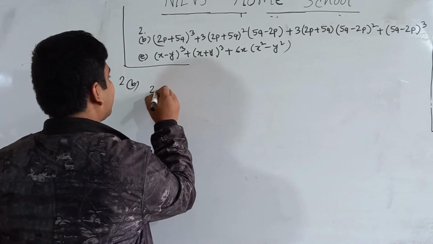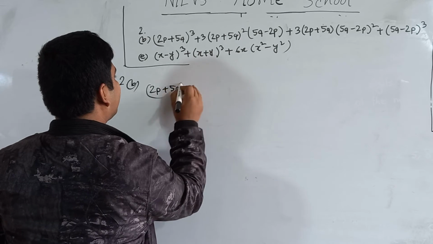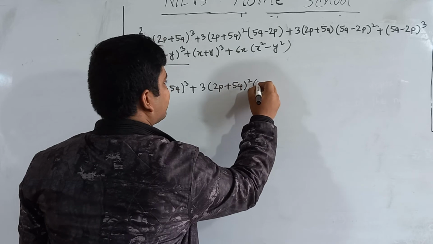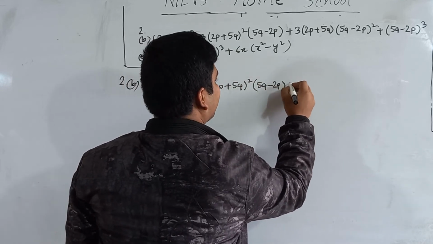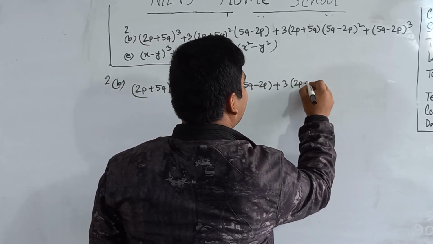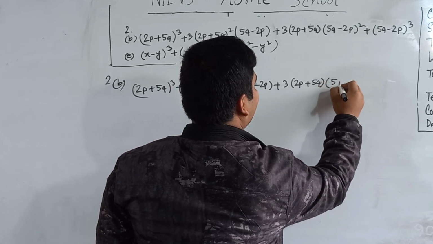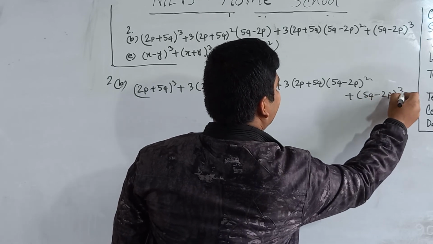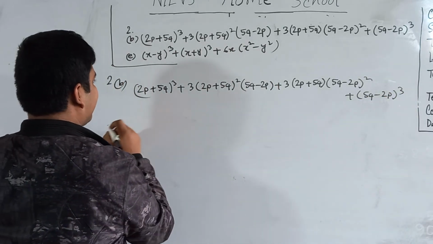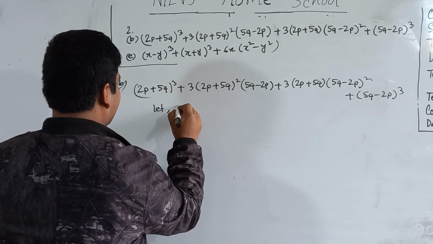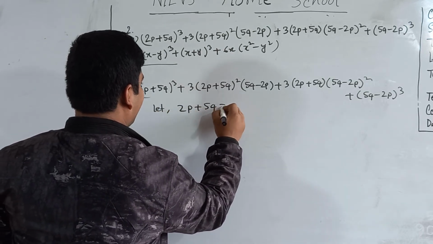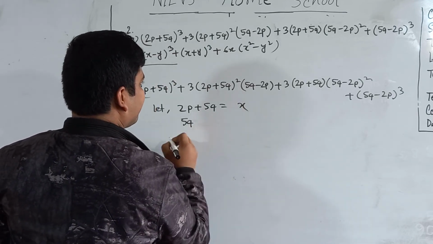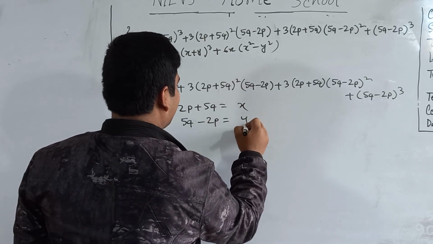So first of all write (2p + 5q)³ + 3(2p + 5q)²(5q − 2p) + 3(2p + 5q)(5q − 2p)² + (5q − 2p)³. Dear student, first of all we consider, let 2p + 5q equal to x and 5q − 2p equal to y.